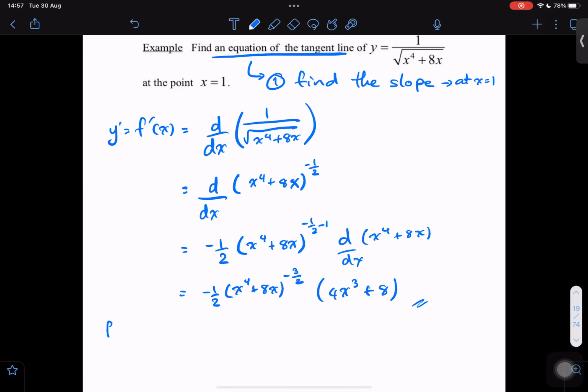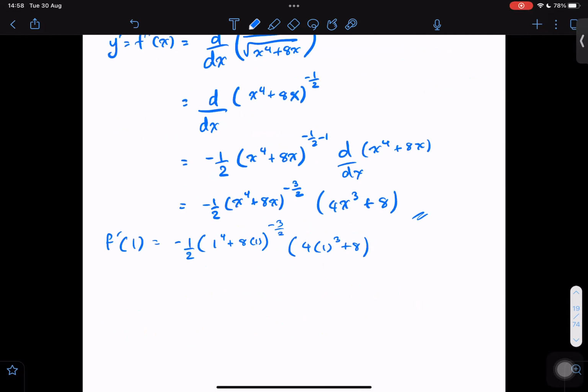So you find f prime of 1, which will become minus 1 over 2 times 1 to the 4 plus 8 times 1, to the power of minus 3 over 2, multiplied by 4 plus 8, which is 12.